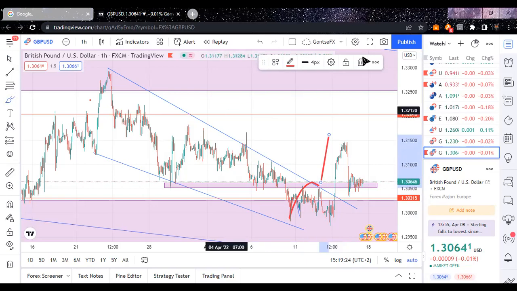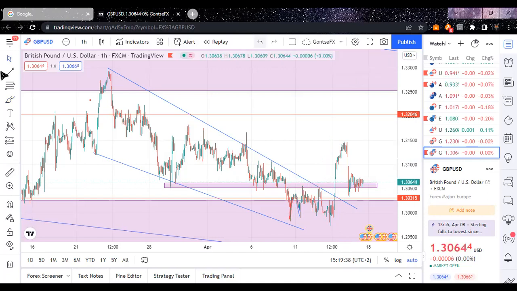I'm gonna get you guys up to speed. Okay, so what happened was price got rejected on this area here. It got resisted. So it also came down here and it gave us a sweet double bottom there, meaning price will push all the way to the upside, which is a reversal pattern.